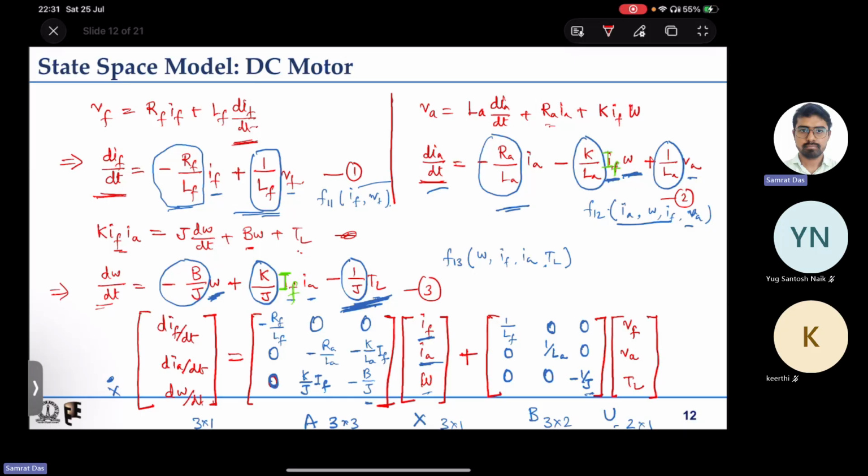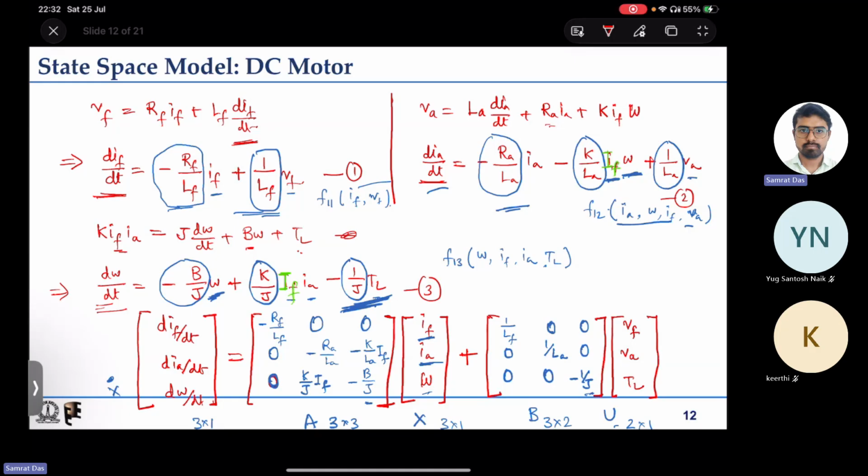Then we represented the DC motor model in the state space format. So this is the representation. We understood that the field circuit is a perfectly linear circuit, but the armature and the speed, that is the mechanical subsystem, are described by nonlinear differential equations.